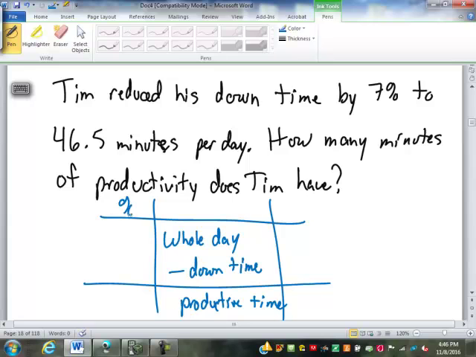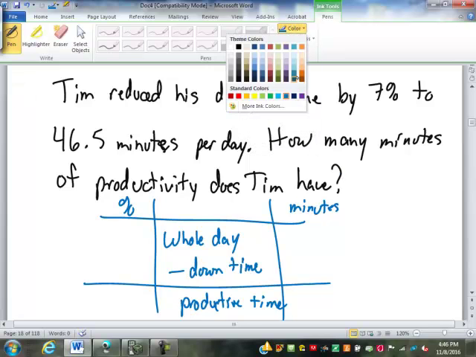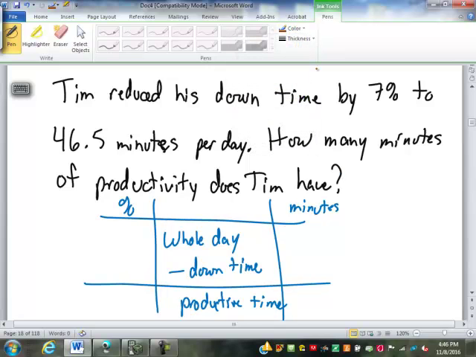So again, I'll put percents over here. Over here, it's going to be minutes. What do I know? Well, 7%, where's that going to go? Downtime. Percentage of downtime.